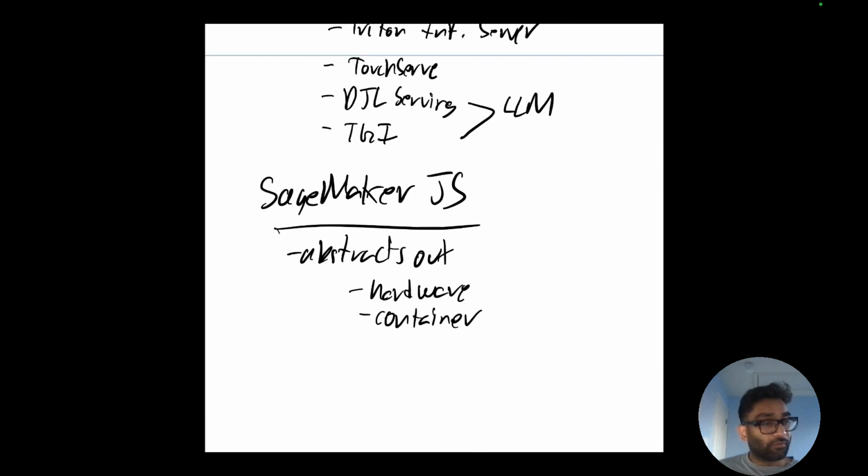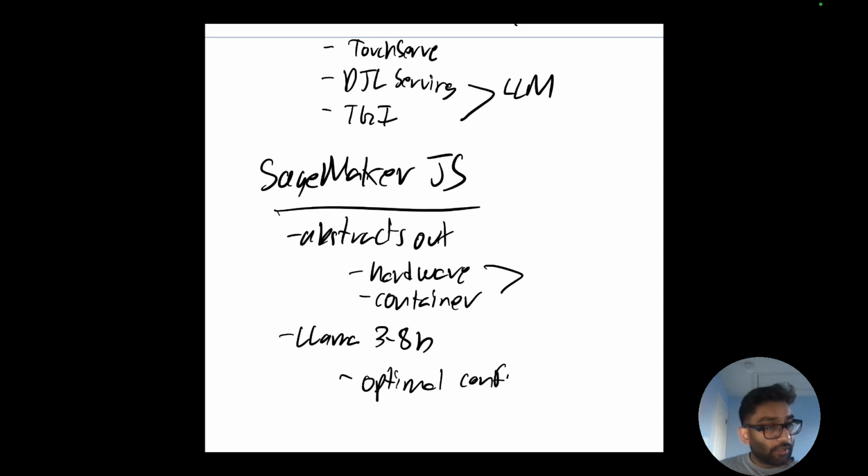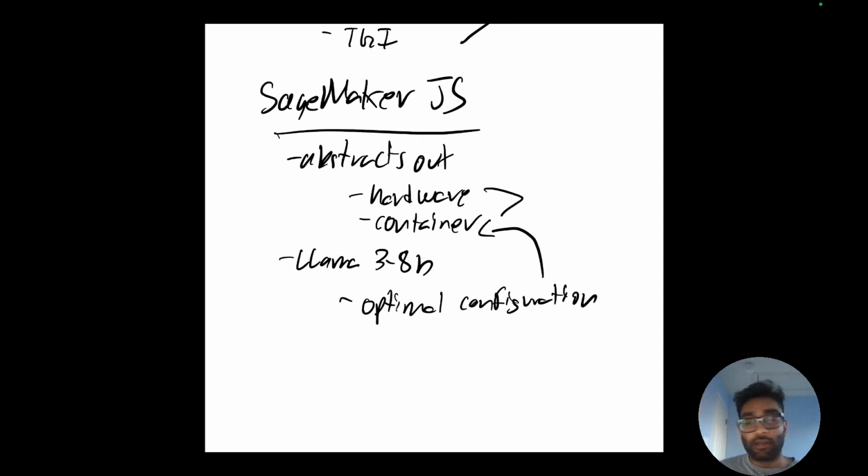Once again, just think of it as the runtime environment that's implementing the model server you're choosing. But let's say you don't want to choose a model server or a container. That's where SageMaker JumpStart says, depending on the model we're dealing with, let's say Llama, as we're going to use in this case, we've already identified the optimal configuration for both the hardware and the container. We're not going to tell you to use Triton, TGI, whatever it is.